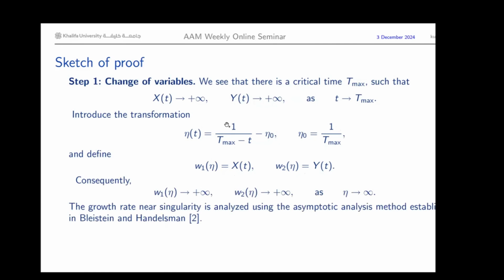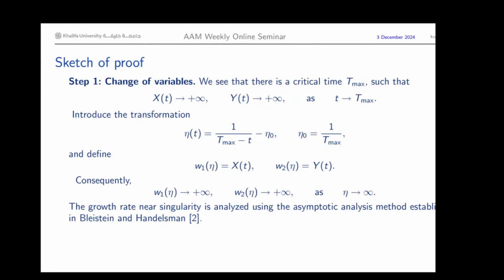Now the growth rate near the singularity will be analyzed using the asymptotic analysis method established in Bleistein and Handelsman. Maybe one thing that I would like to note here, at least as a student, I appreciate very much.